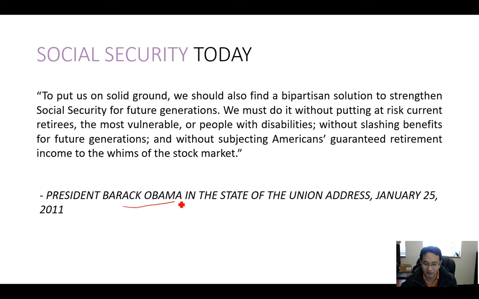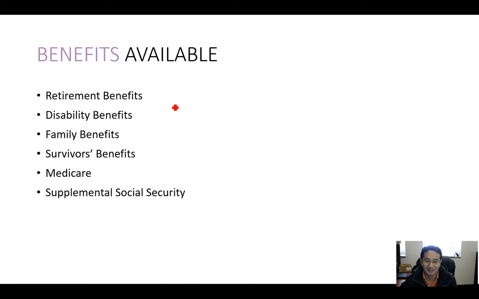So President Obama also said something about it. It's a different scenario. Okay, I think he said it because people worry that this program is underfunded, because you need to pay them, right? And where you get the money is a question. So President Obama was talking about it because people worry that you don't have enough benefits. And then those are the important things, okay? The benefits available: retirement benefits, okay? When people retire, they have some benefits.